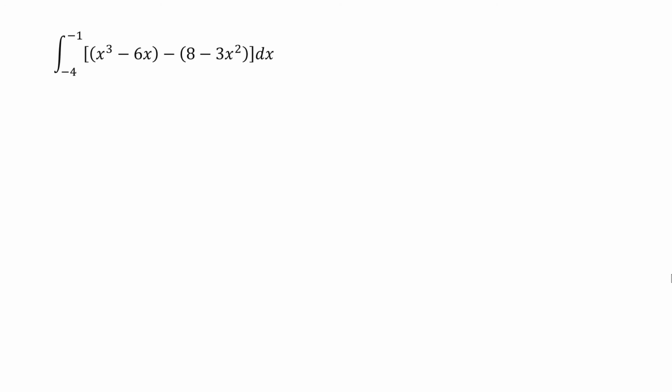We'll distribute the minus sign, and that'll become the integral from -4 to -1 of x cubed minus 6x minus 8, and minus 3x squared would be plus 3x squared dx. We'll find the antiderivatives of each of the terms.